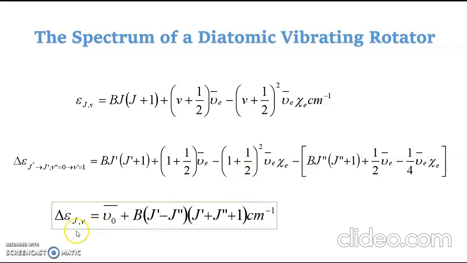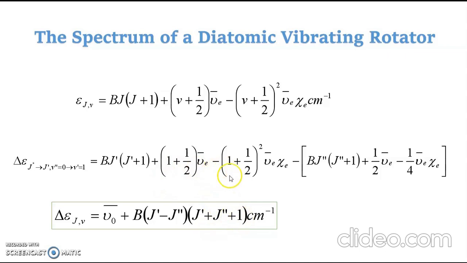Rearranging it, you will get the expression as delta E J V equal to mu 0 bar plus B into J prime minus J double prime into J prime plus J double prime plus 1 centimeter inverse.